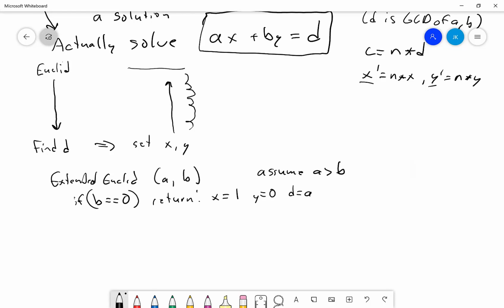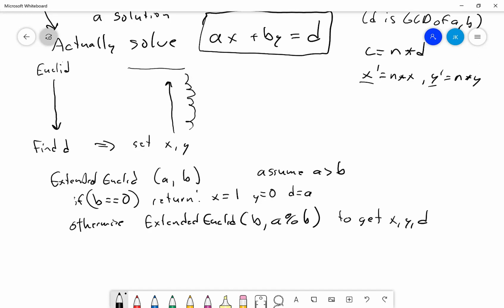Okay, so otherwise, we are going to run extended Euclid of b and a mod b, just like before, to get x, y, and d. And d is just going to get returned, same as we did with the original value. But now here's the interesting part.